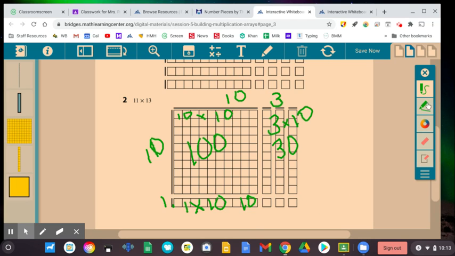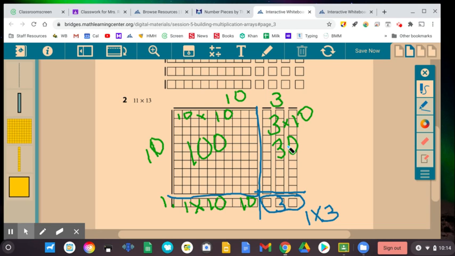And remember, this is the area that messes fourth graders up, this little bunch right here. We've done this part, and we've done that part, and we've done that part. Now we have to do this part. So we have one group, which is one group of 3. 1 times 3 gives us 3.